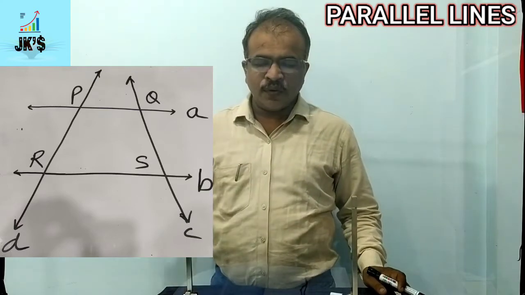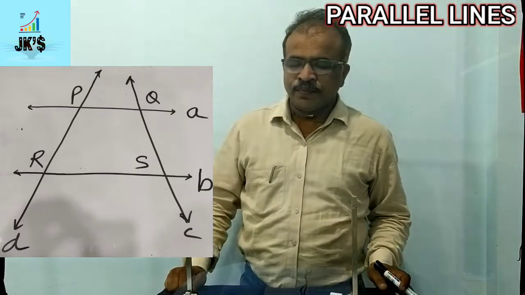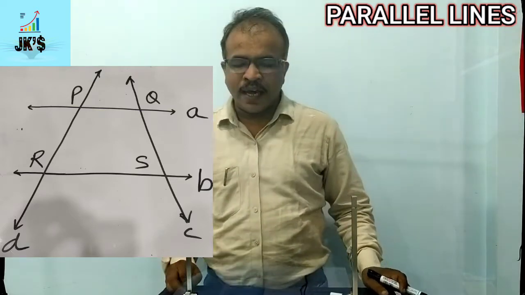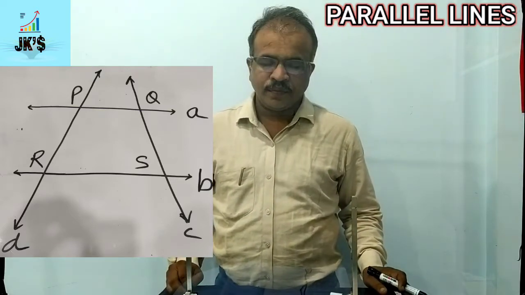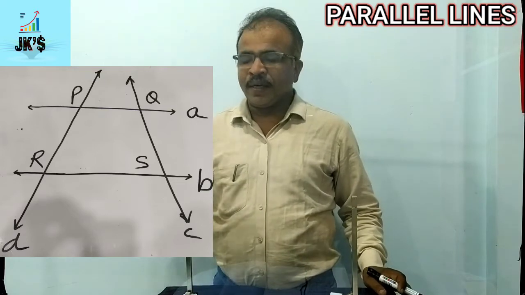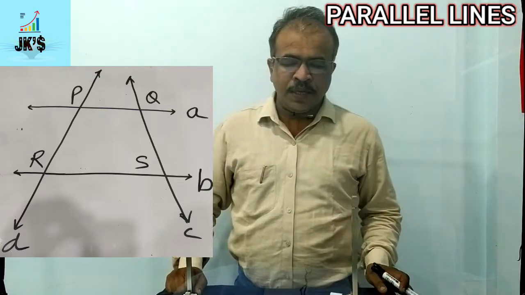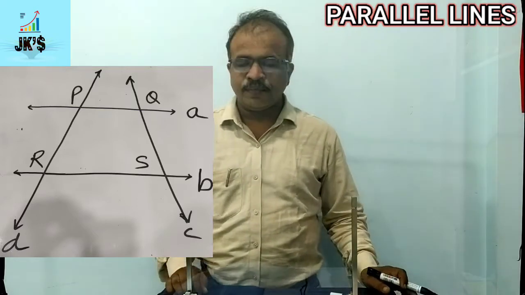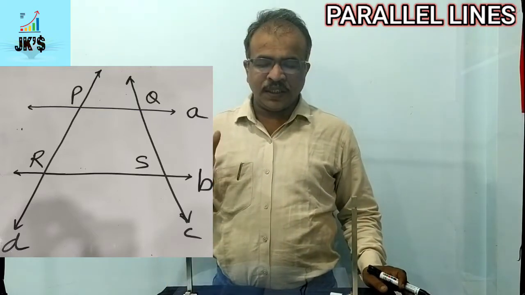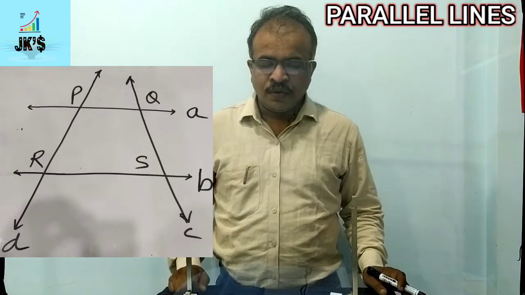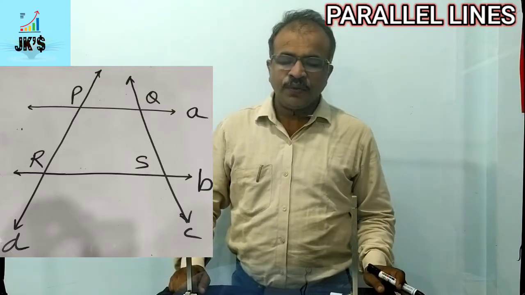One intersects the line A at P and the line B at R. So line PR is a transversal of these two lines A and B. The second transversal is QS.